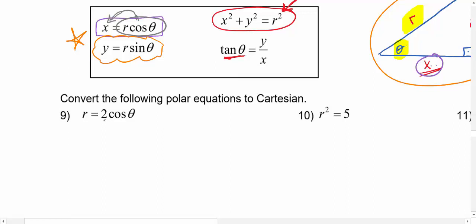So what I will do is multiply both sides of the equation by r, because then I have r squared on the left and 2r cosine theta on the right. Every time I see r cosine theta, that is equivalent to x.